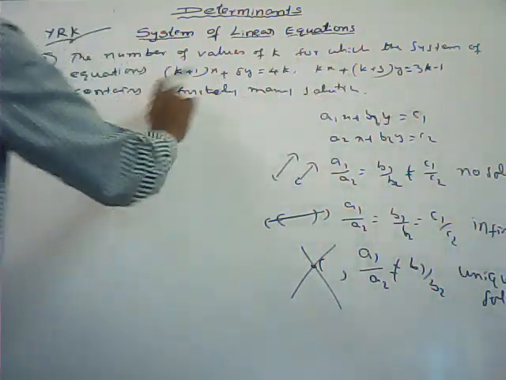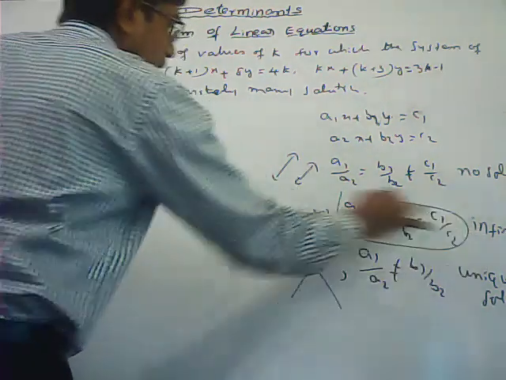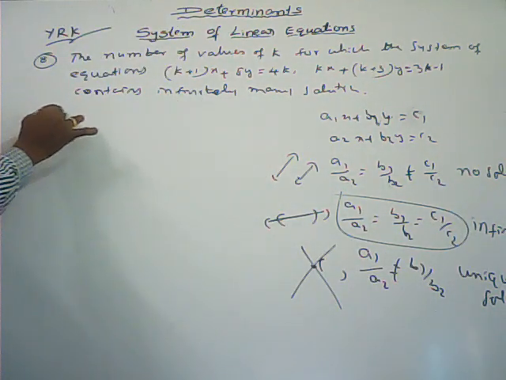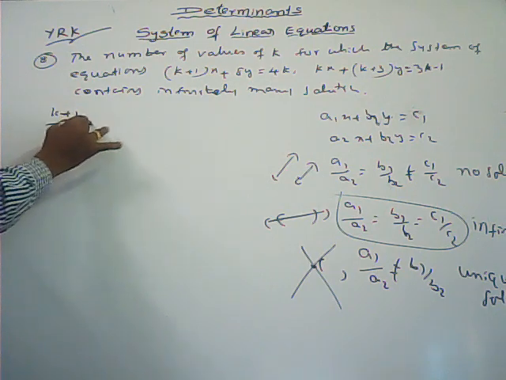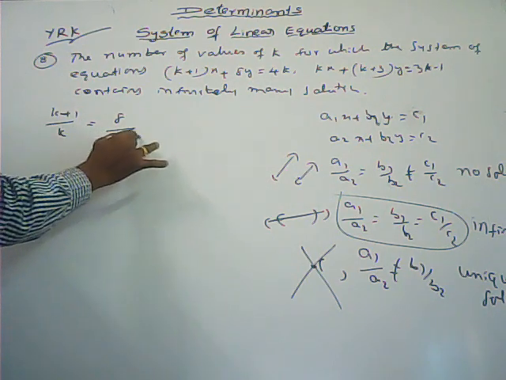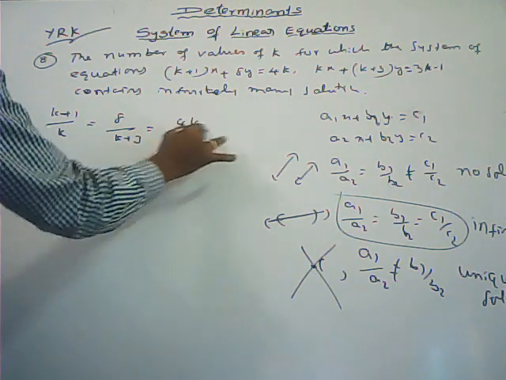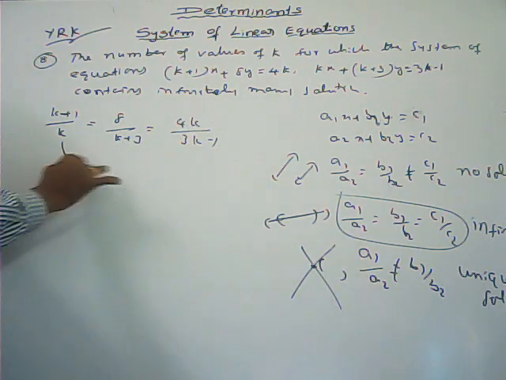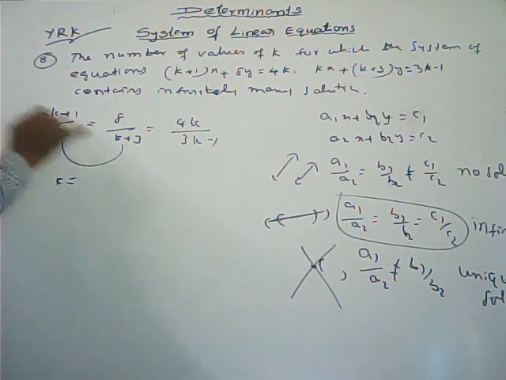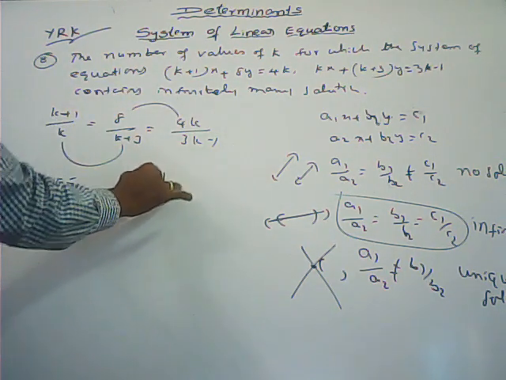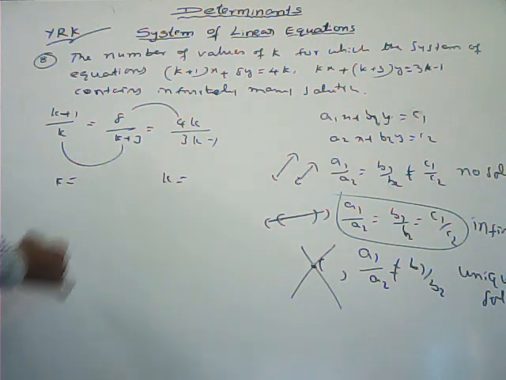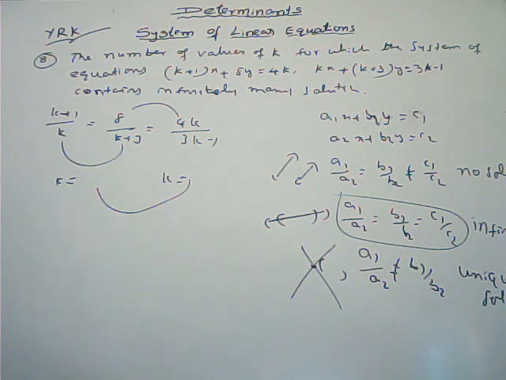Infinitely many solutions, then what is the condition here? a1 by a2 is equal to k plus 1 by k, that is equal to 8 by k plus 3, that is equal to 4k by 3k minus 1. Equating these two, here we can get two values of k, and by equating these two also, we can get maybe two values of k. Here the common value we can take. For that value of k, the system of equations contains infinitely many solutions. Maybe here we can get k is equal to 1.